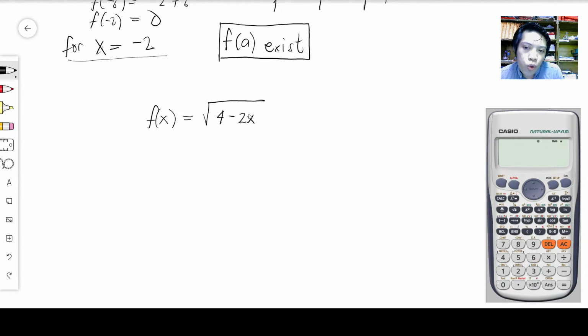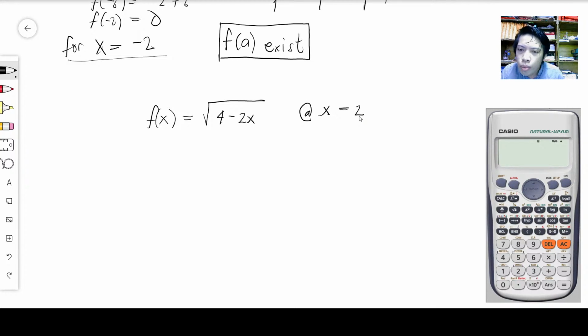And say, ginpapakianhan ka if the function is continuous at x is equal to 2.